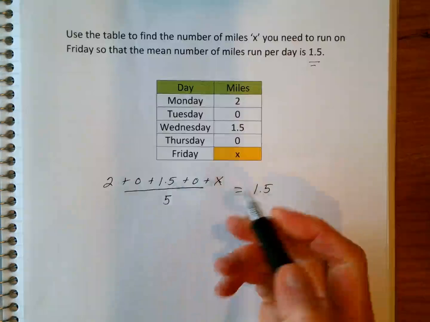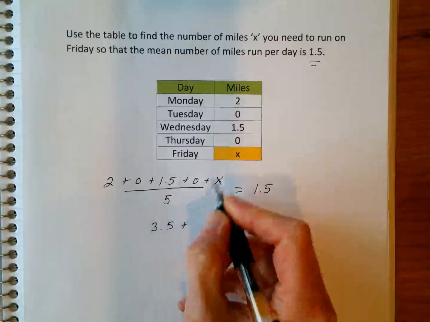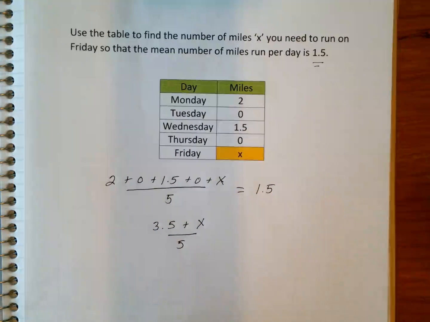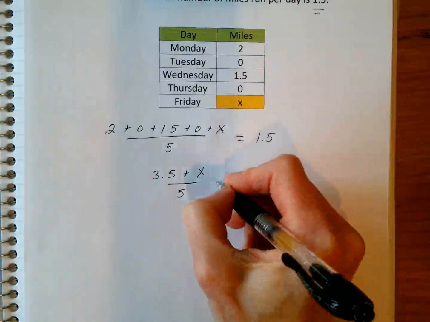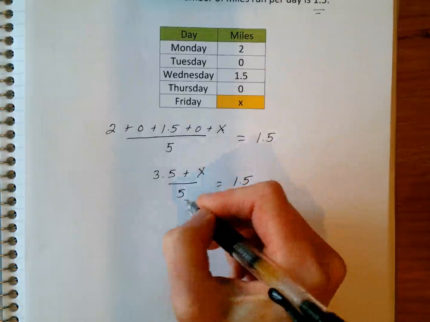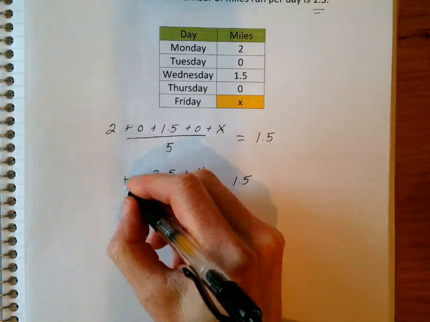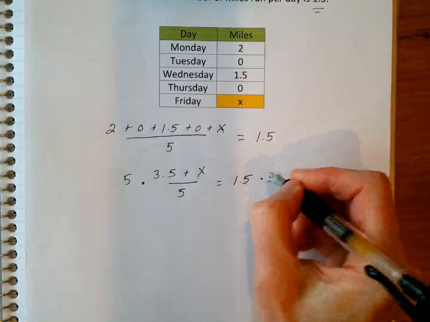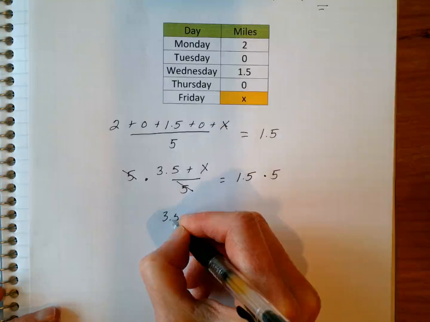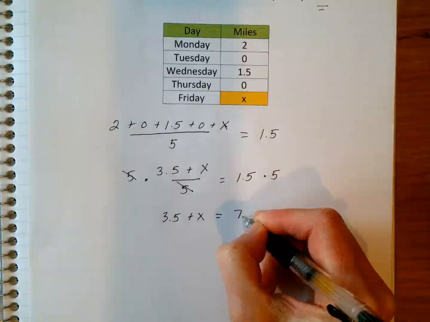So I'm going to add up all of my whole numbers to get 3.5, and then of course I'm left with this x, still all divided by 5, and still trying to get the equivalent of 1.5. Now start undoing what is currently being done. Let's take care of this division by 5 first, by multiplying by 5, get rid of that, to end up with 3.5 plus x equals 7.5.